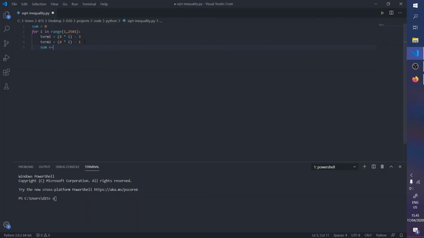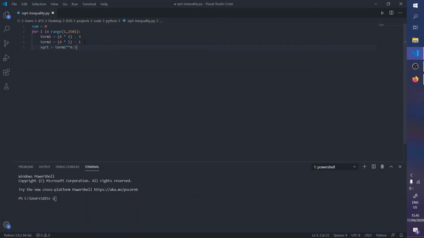add to these. Oh wait, first it'd be nice to put this in a separate variable. So term 1, that's the square root of term 1. As you know, x to the power of a half is equivalent to the square root of x.